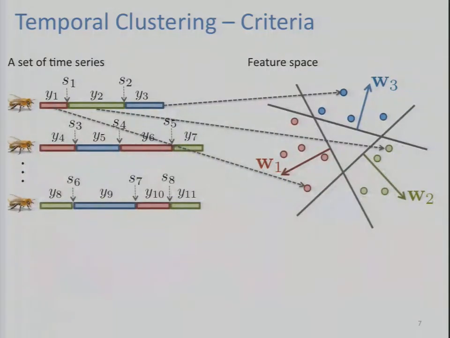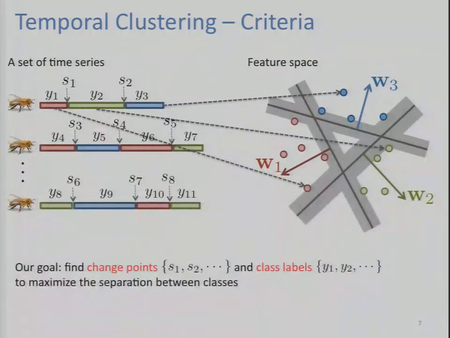Furthermore, we want the classes to be well separated by a margin. So the goal is to find a set of change points S and class labels Y to maximize the separation between classes.